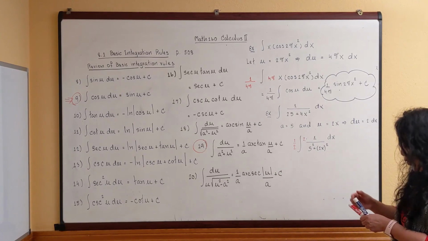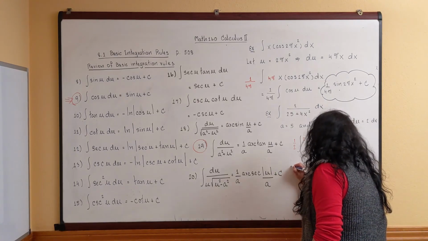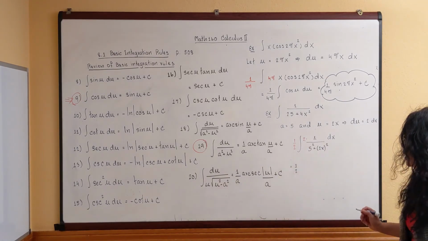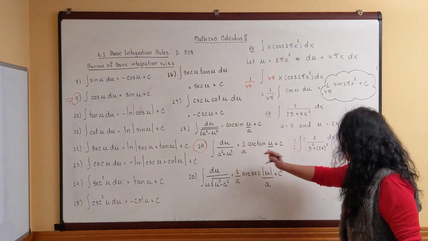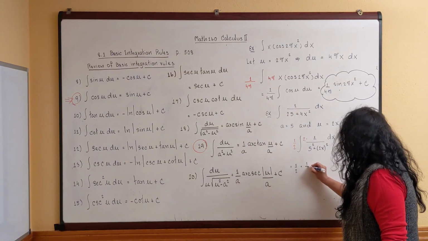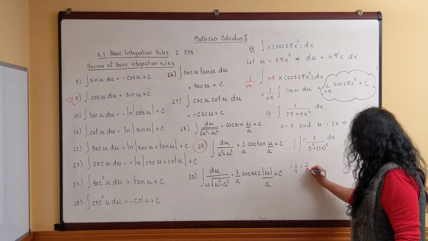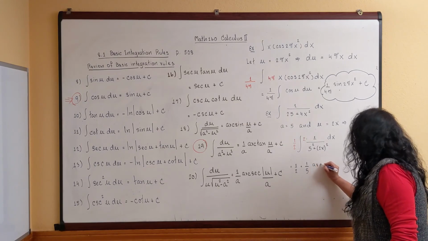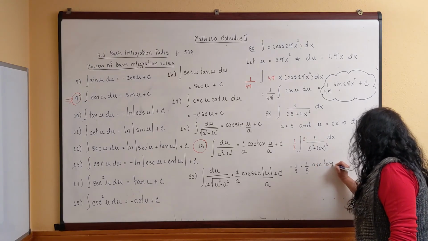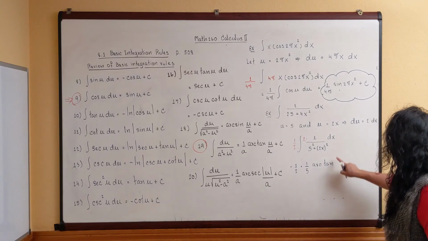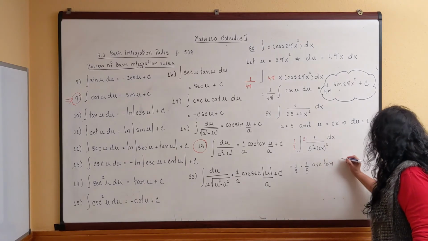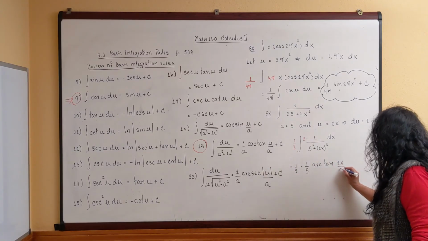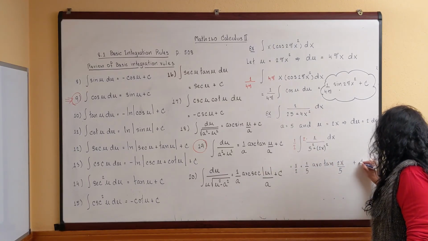Then I can use formula number 19, which is 1/2. 1/2 is from the front, and the integral of this will be 1 over a. So my a is 5. Okay, 1 over a, my a is 5, arctangent of u. Because I ran out of room, I'm going to use 2x here because my u is 2x. Over a, my a is 5, plus c.